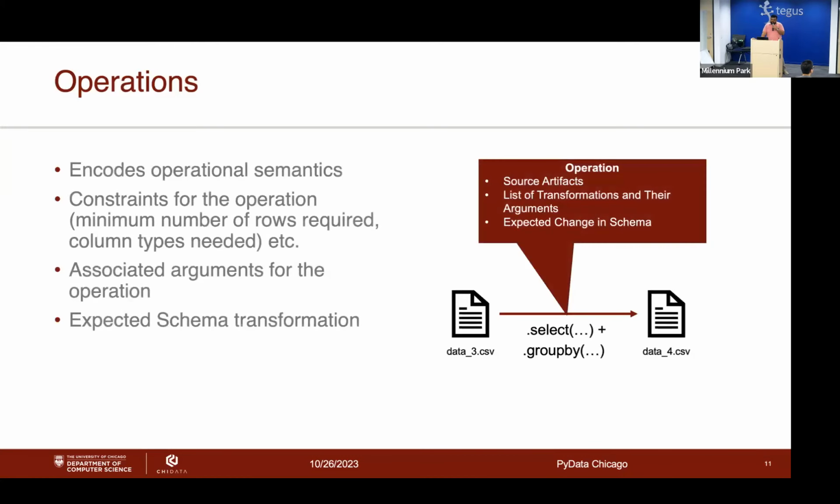So the operations that I encode in fuzzydata, basically the entire system allows us to encode the operational semantics, and it is a way for us to describe that if you need to do a group by, you need at least one groupable column, and maybe one column on which you can do some sort of aggregation. And after the group by, this is the expected schema transformation that will happen when you apply this.